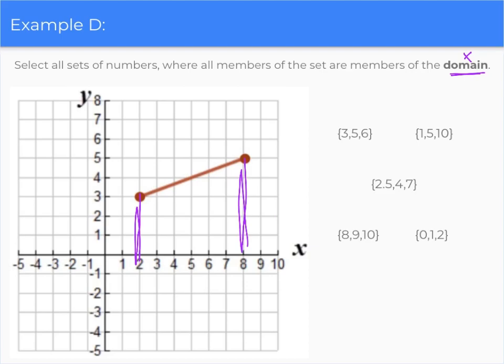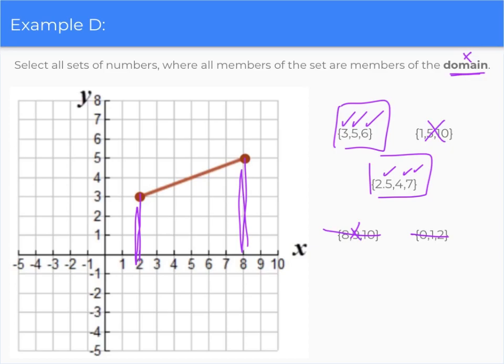So our first one, we've got 3, that's between 2 and 8, 5 between 2 and 8, 6 between 2 and 8, so this one works. 1 between 2 and 8, absolutely not, so that does not work. 2.5, yes, that's between. 4, that's between. 7, that's between, so those all work, that's correct. 8 between, yes. 9, not so much, so that does not work. 0 does not work, so we only have 2 correct answers.